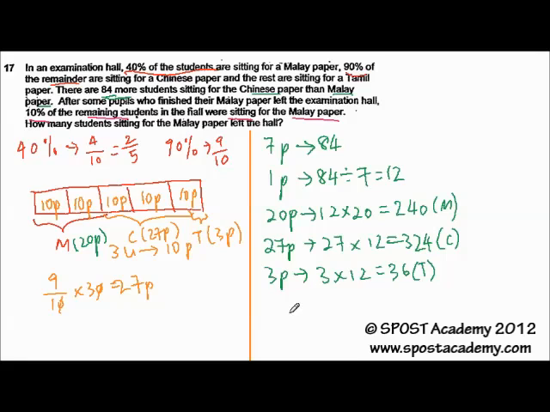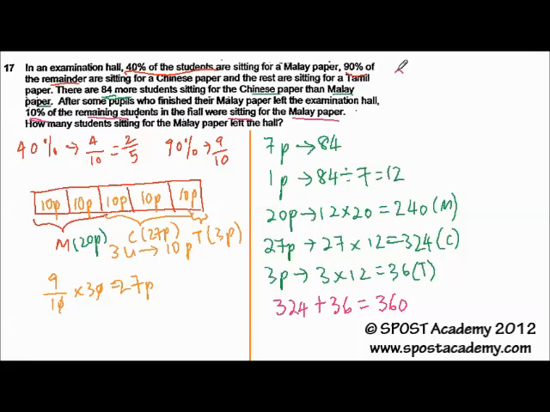So we need to know the number of pupils who did not leave. 324 plus 36 gives us 360. And they actually make up 90% of the remaining students, because they said that 10% of the remaining students were still sitting for a Malay paper.